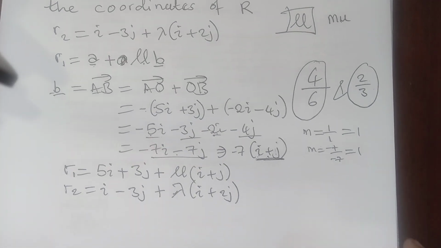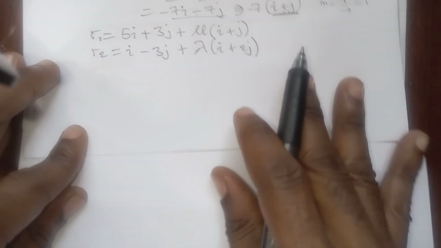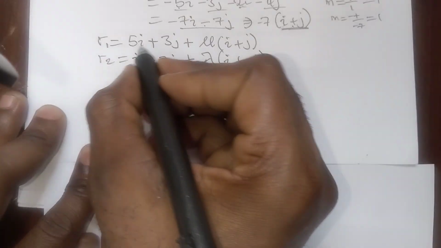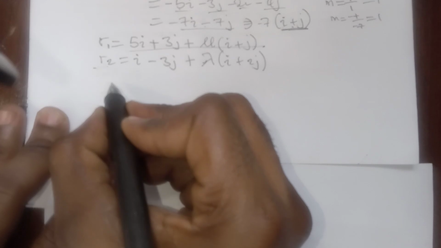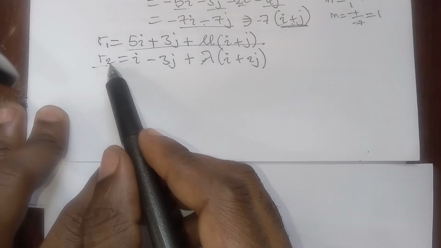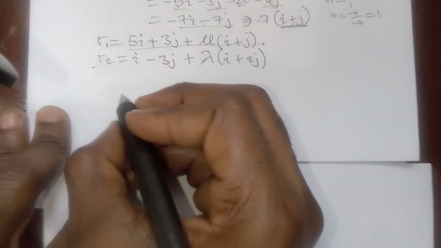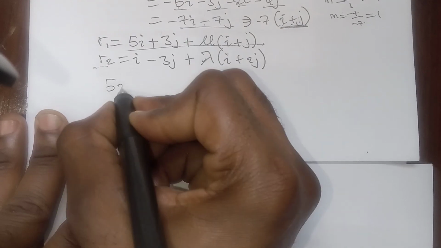So now let's solve the two vectors simultaneously. To solve these two vectors simultaneously, you can just substitute this there. I know it's kind of weird because this is R1, but where there is R2, you are putting R1. So this is how vectors are solved simultaneously.